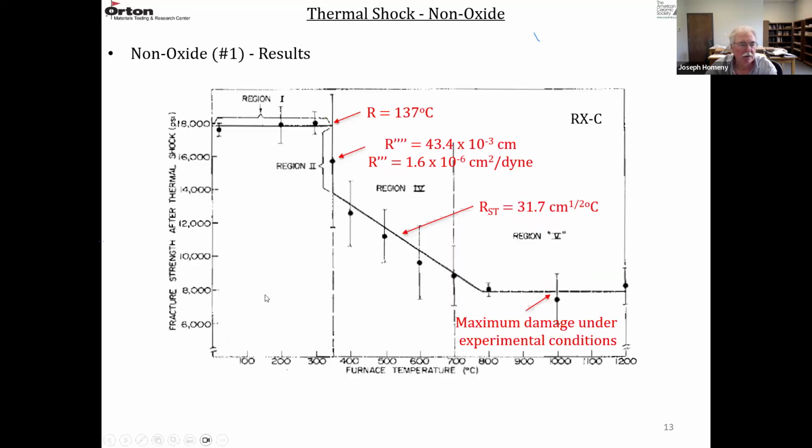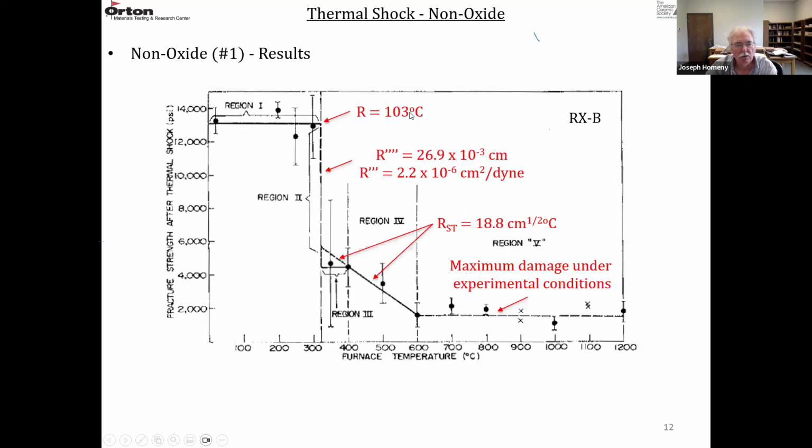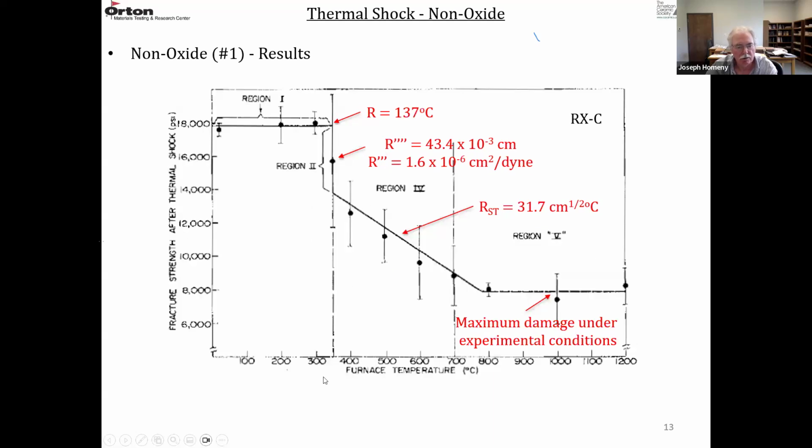And I have the same thing here for RXC, fracture strength after thermal shock versus furnace temperature. So this R parameter came out to 137 degrees C. Maybe that's about 350 where we first started to see a drop in the strength. So this one was 103 and this one was 137.